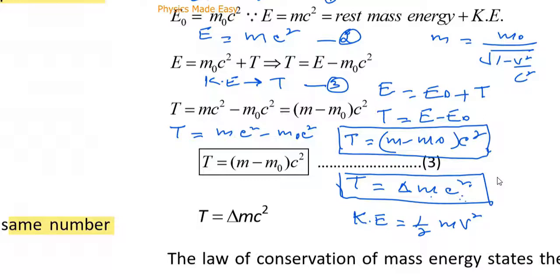Note down these two differences. This I call relativistic mechanics, where bodies move with velocity of light, or velocity comparable to the velocity of light. In relativistic mechanics, kinetic energy is equal to change in mass multiplied by square of velocity of light.